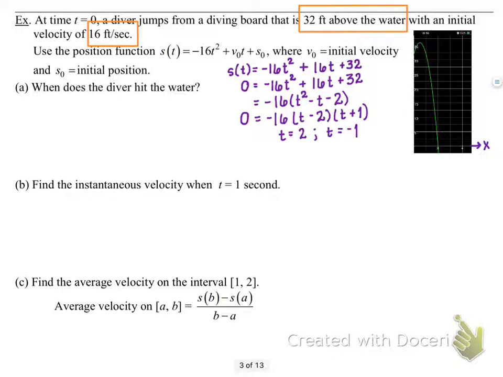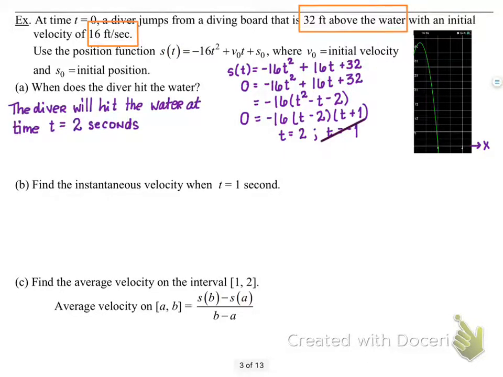Again, t equals negative 1 is meaningless because we don't care what happens before he jumped off the diving board. So t equals 2 is our appropriate answer: the diver will hit the water at time t equals 2 seconds.